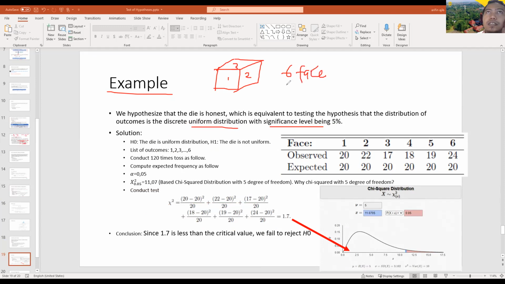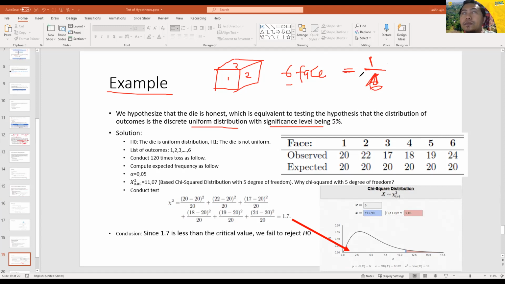If we consider this balanced, the probability of each face occurring is 1/6. Correct?